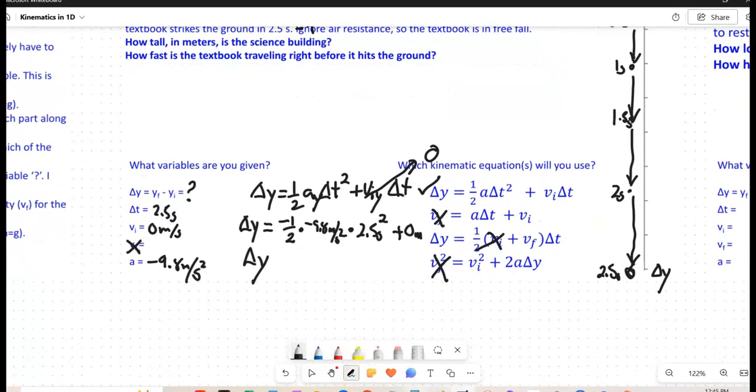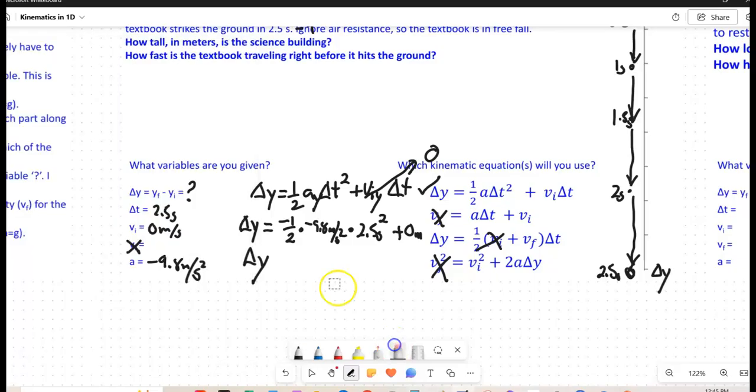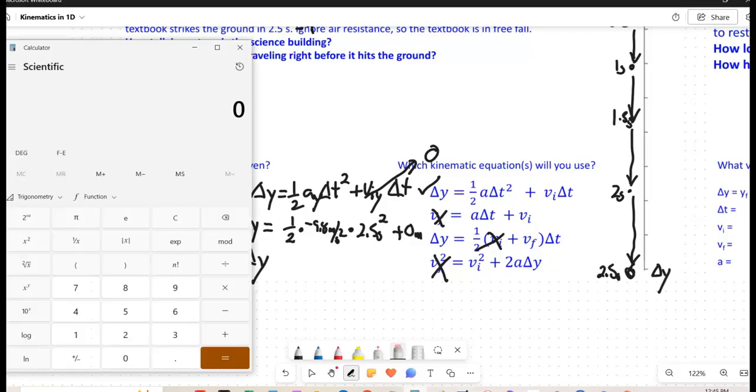So delta y is going to be equal to, let's get our calculator out. And I don't know why I put the negative in front of this, because the 9.8 is negative, the half is not. So this is going to be 0.5 times 9.8, that is negative, times 2.5 times 2.5.